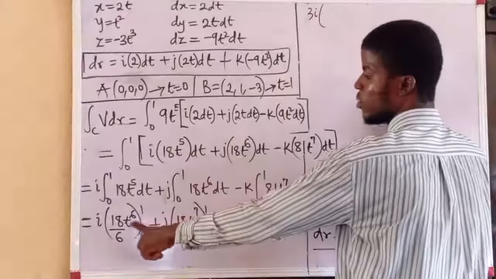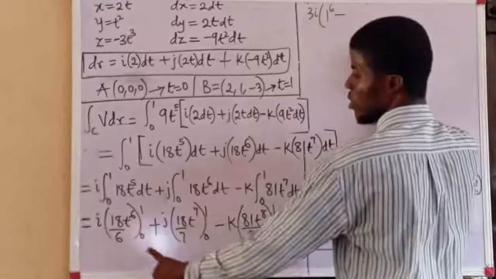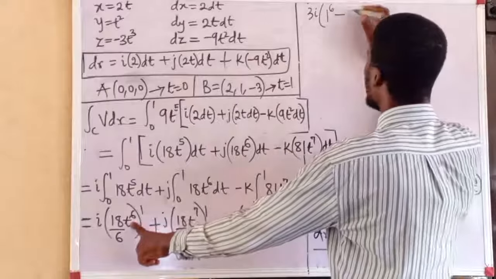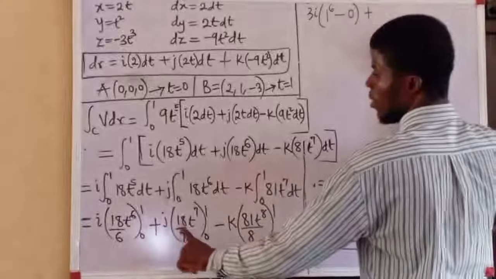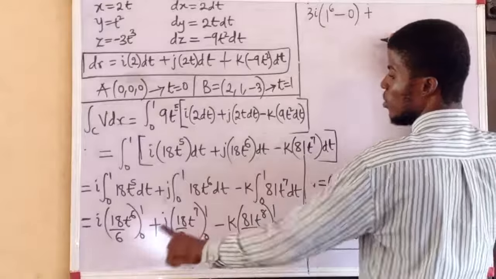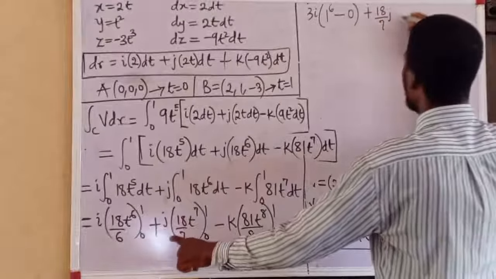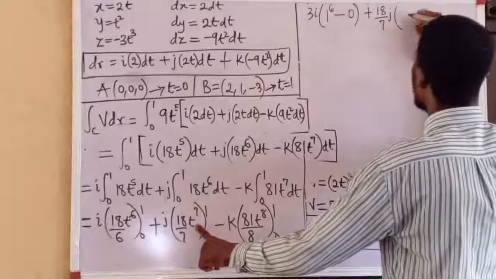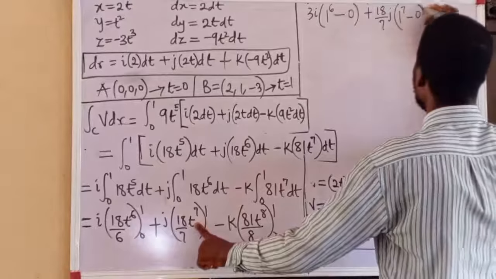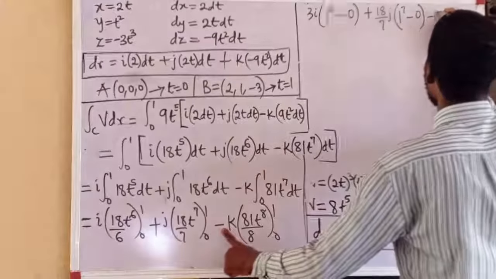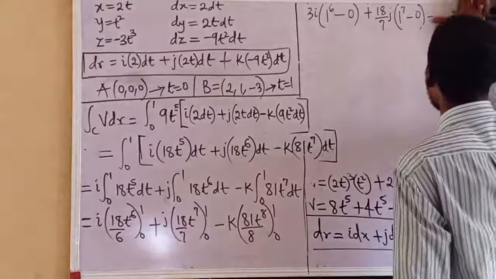Then plug in 1 for t. That will be 1 raised to the power 6 minus, plug in 0 for t, that's 0. Plus 18 over 7 is a constant, so it can come out. We have 18 over 7 j. Then plug in 1 for t, that's 1 raised to power 7 minus, plug in 0 for t, that's 0. We have minus k, 81 over 8 can come out, it is a constant.